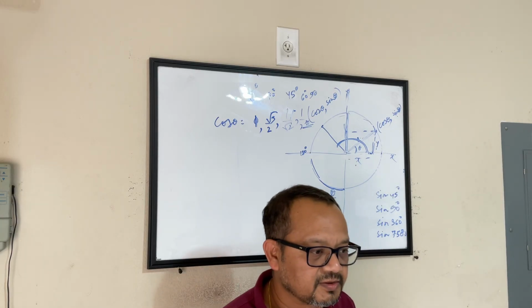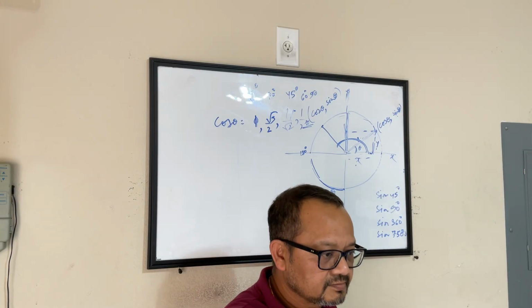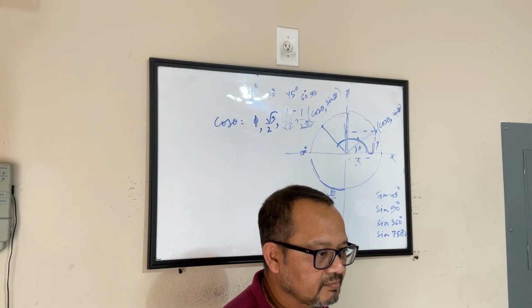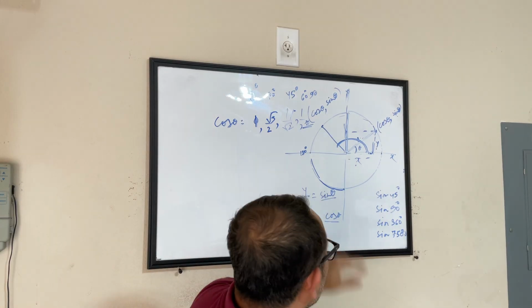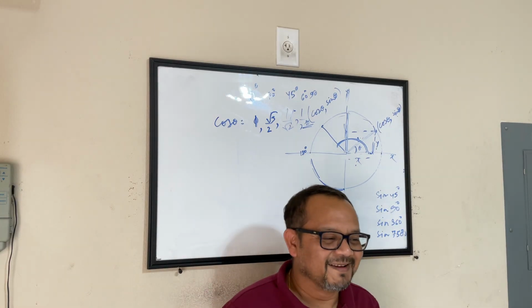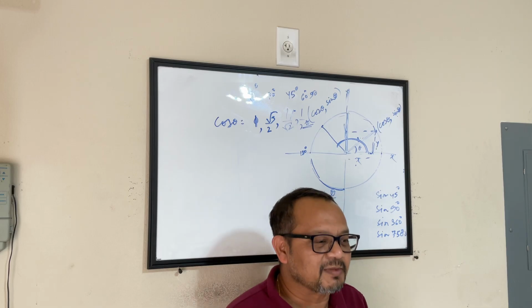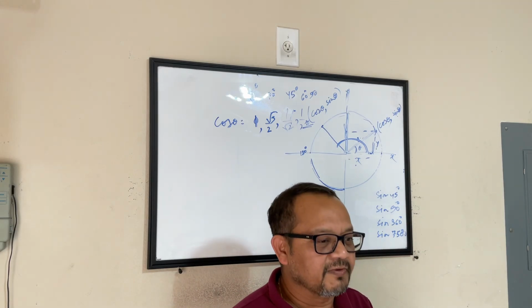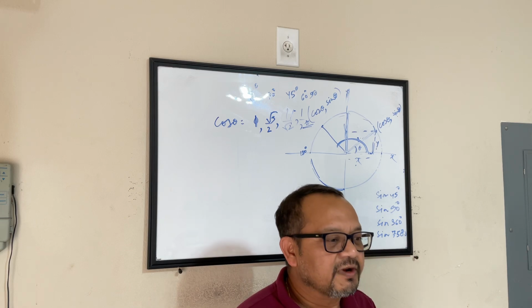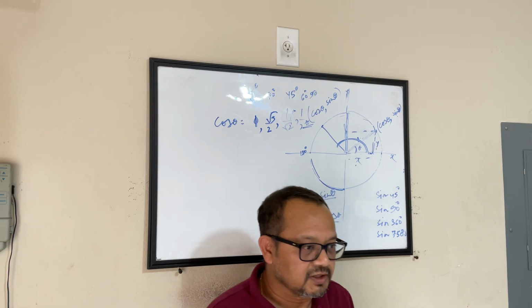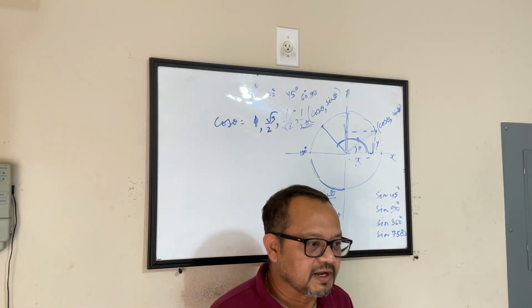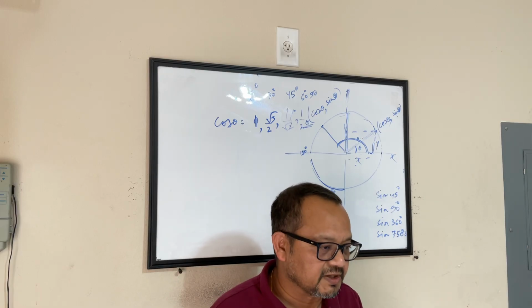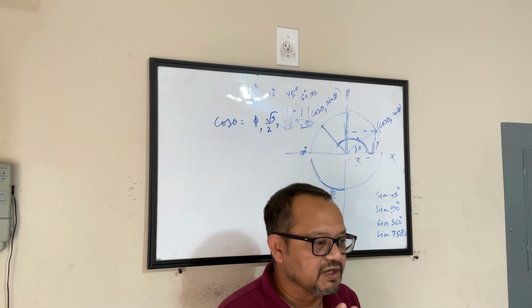Yes, Chris. Sir, how do you memorize the values of these numbers, like cos of 30 degree, cos of 45? So this is memorized by doing a lot of problems, which I did when I was your age. Now when I'm teaching you, I don't just wake up from sleep and come to teach you guys. I do a little bit of preparation. I do revision of what I'm going to teach you guys.